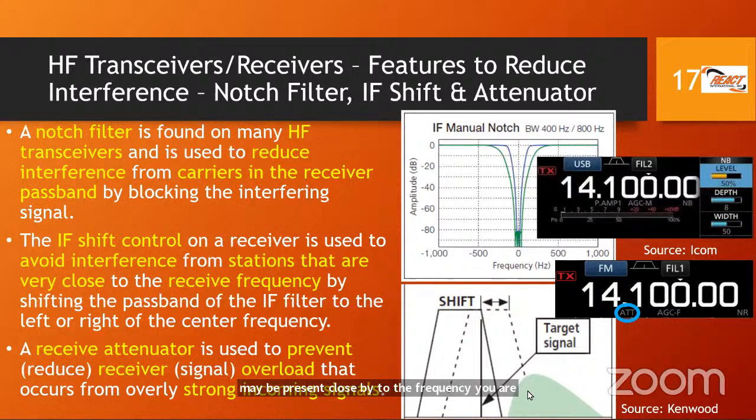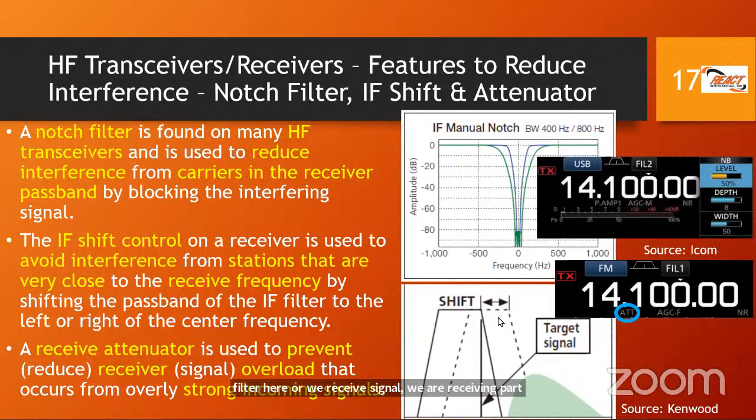And let's see diagrammatically what we're trying to do here with our notch filter. So we have some noise here. That's this turquoise or greenish looking blob here, and this is the frequency we are trying to listen to. This is a transmission here on this frequency. We are trying to listen to this. So normally, if we have our filter here or the receive signal, we're receiving part of this noise plus our intended frequency.